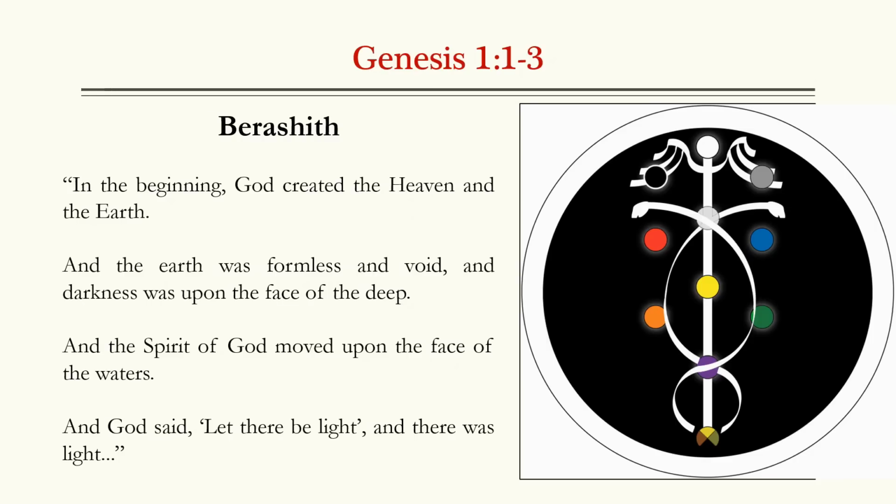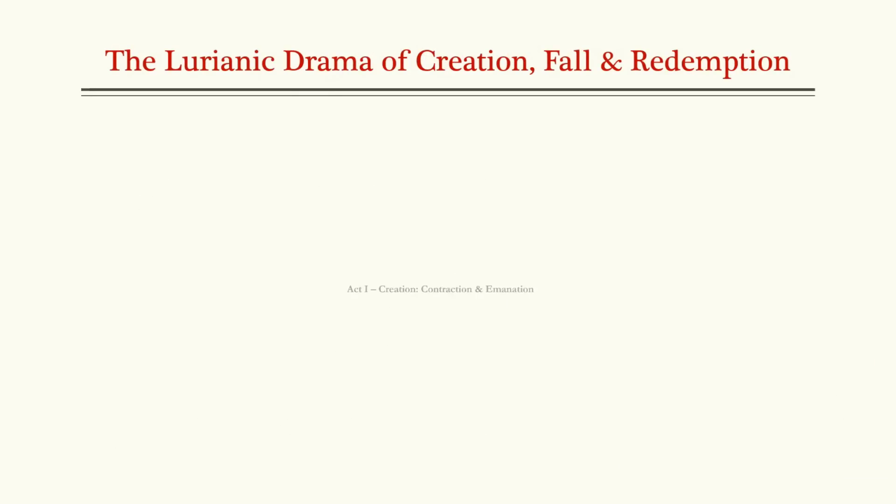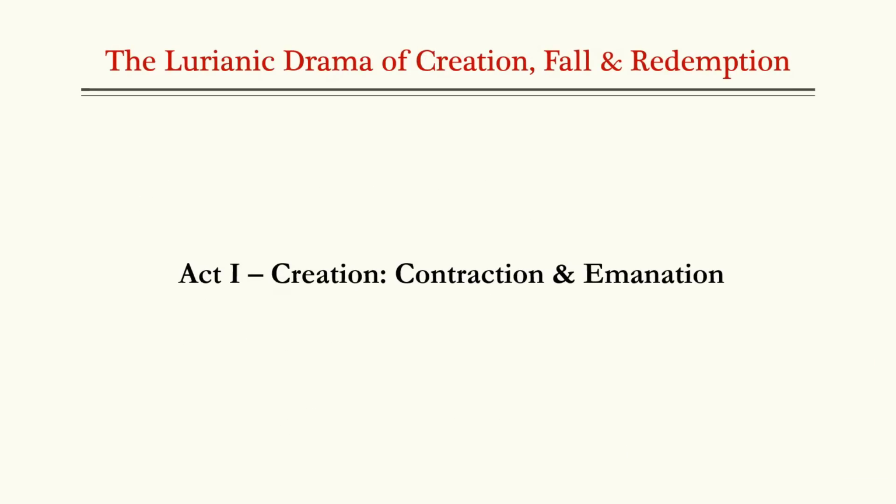We're now going to go deeper into this, and we're going to talk about the time before the beginning, before Bereshit. We're going to talk about deity in his or its infinite capacities, and how this world came about. Beginning with Act 1, creation, contraction, and emanation.